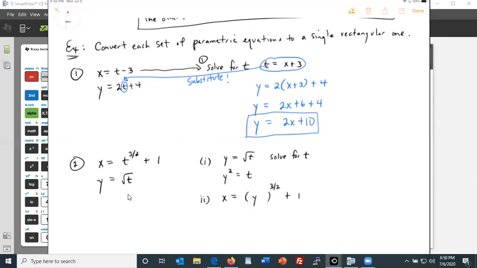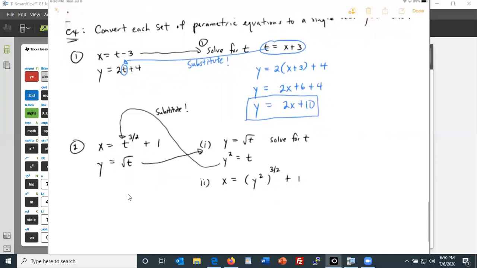So inside the parentheses, we're going to put y squared. All right, because remember here, I solve for t. And then here, after I solve for t, that's where you substitute it. So you get y squared to the 3/2 plus 1. Now simplify that. What's y squared to the 3/2? It's y cubed plus 1.